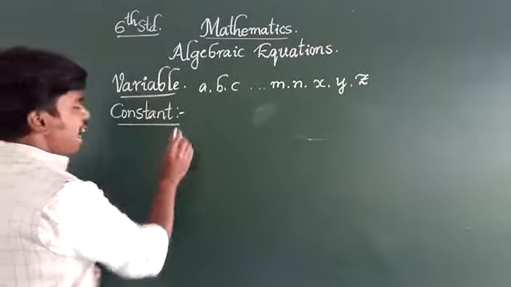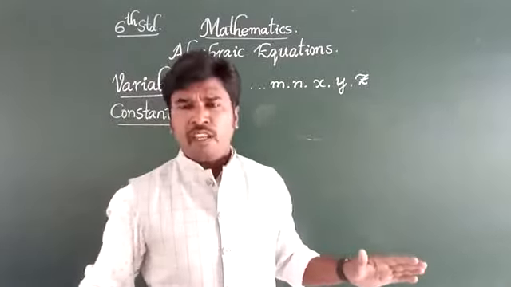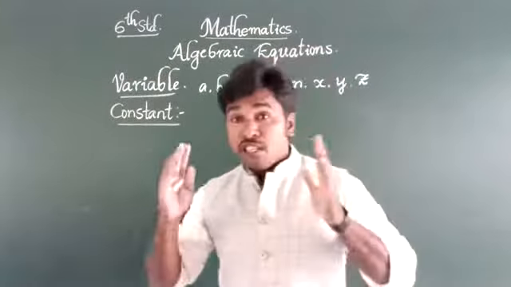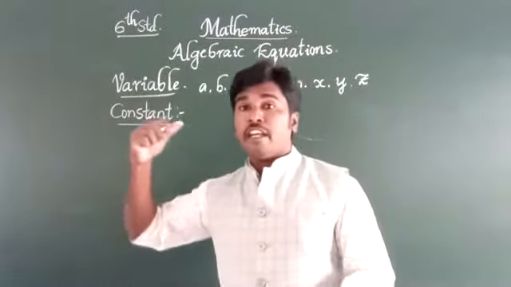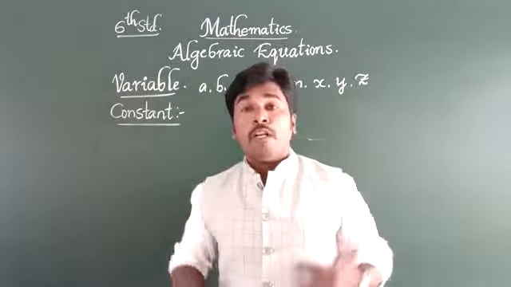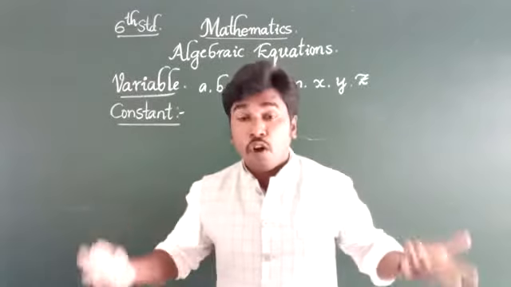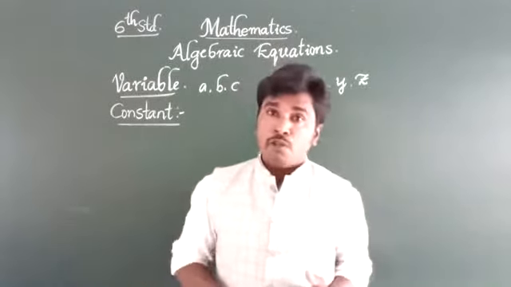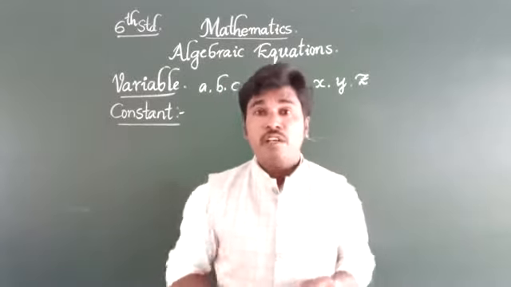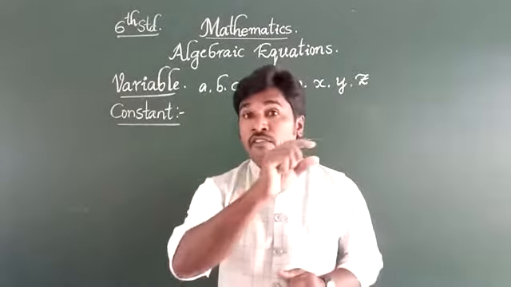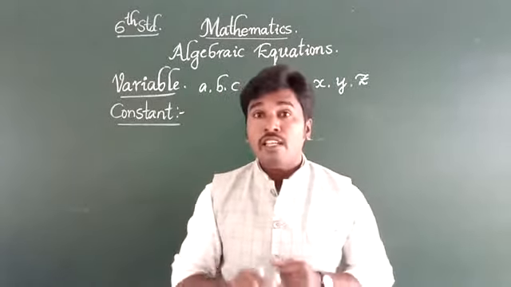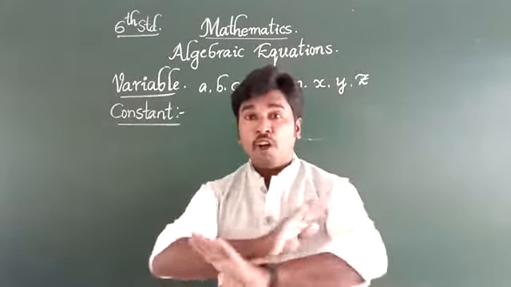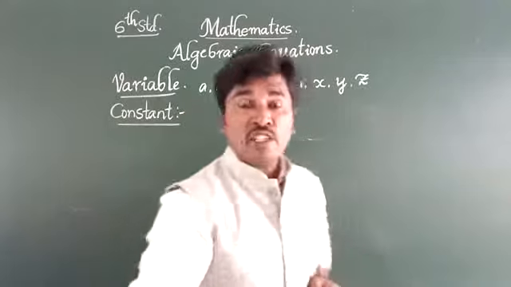Constant means any fixed value. Any fixed value is called a constant, which does not change. You may have seen when you visit a mall that the price is a fixed value. Fixed is nothing but not changing, not varying. It is called constant.